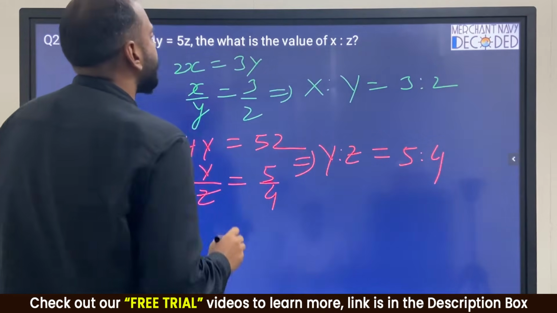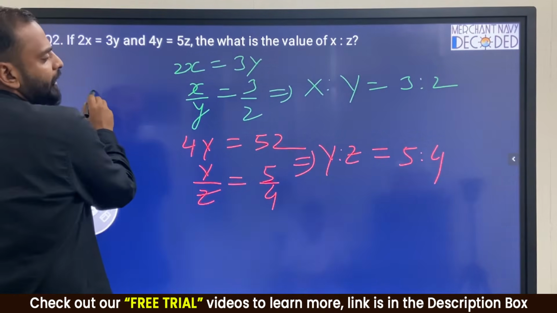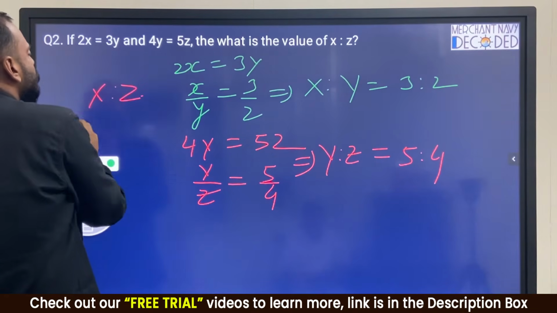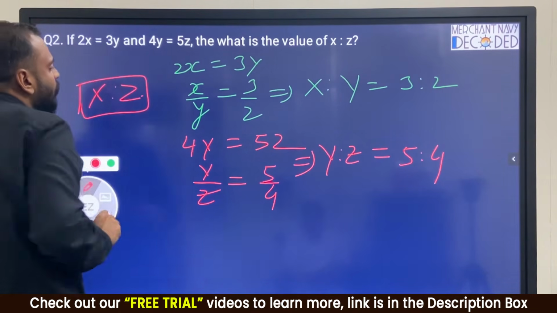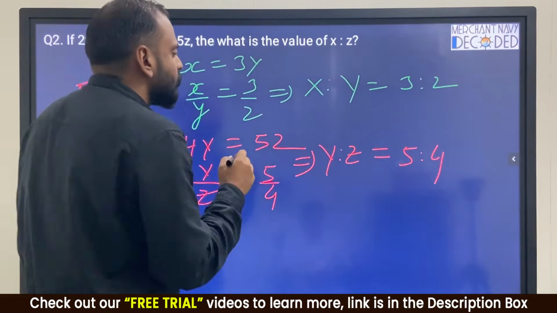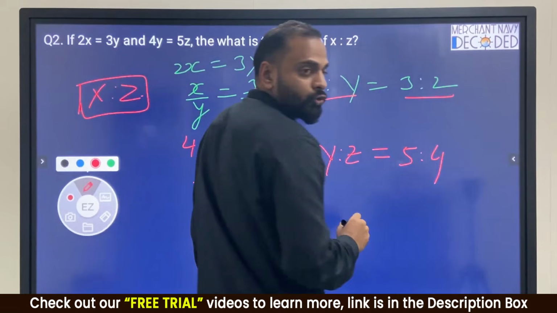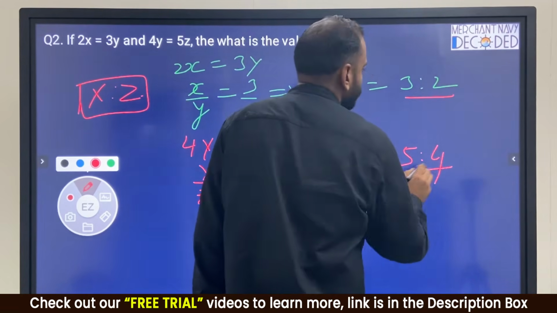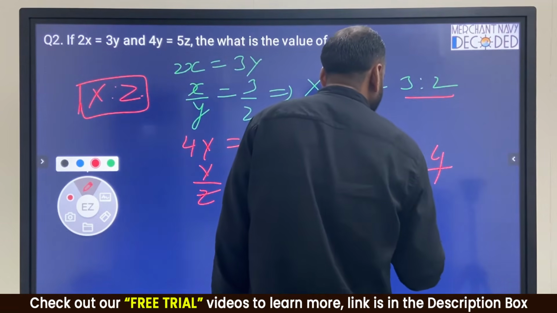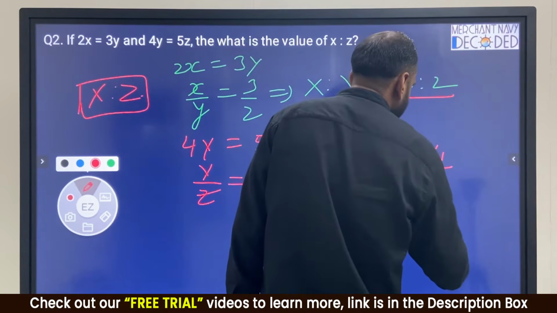We need to find the value of x is to z. So just do this. x is to y, 3 is to 2. y is to z, 5 is to 4. So 3 is to 2 and 5 is to 4.